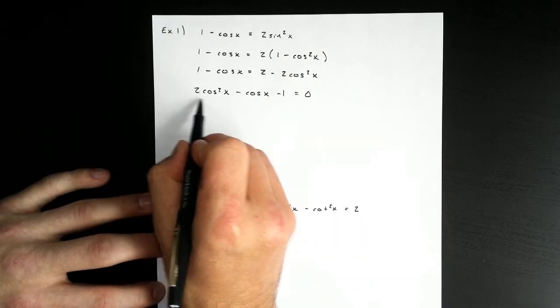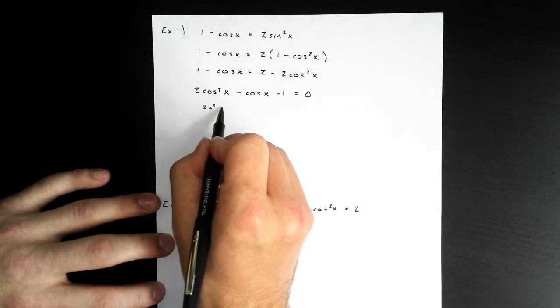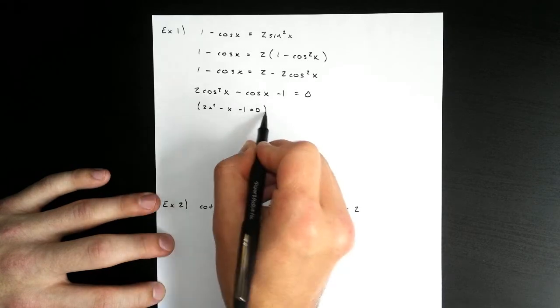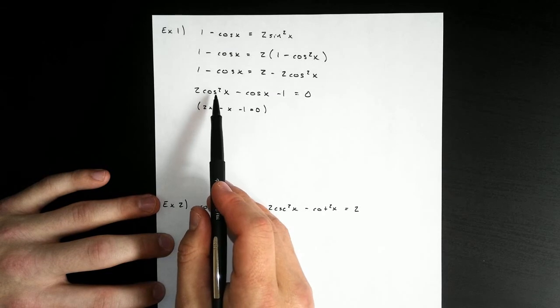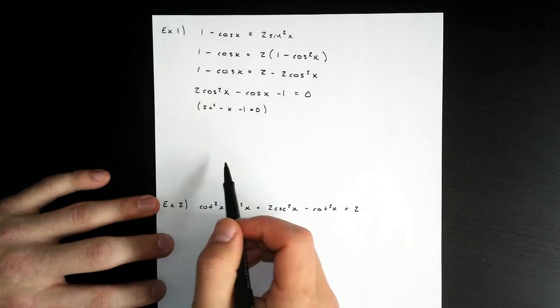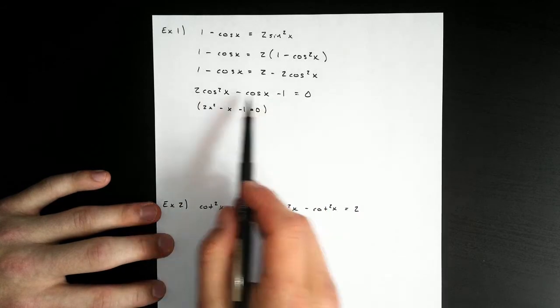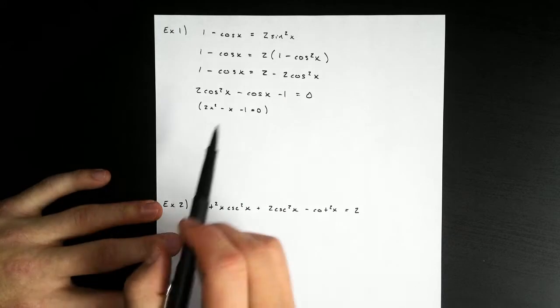Just let me put a little note here, because this is basically the same as if I had this. Right? Instead of x's, we have cosine of x instead. But factoring is going to be the same. My leading coefficient is not 1, so we want to do factoring by grouping.